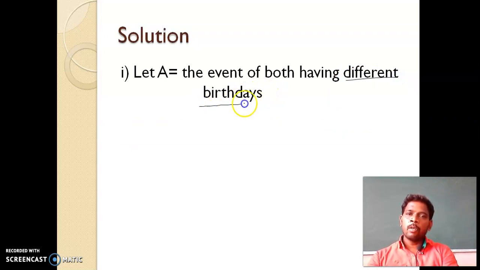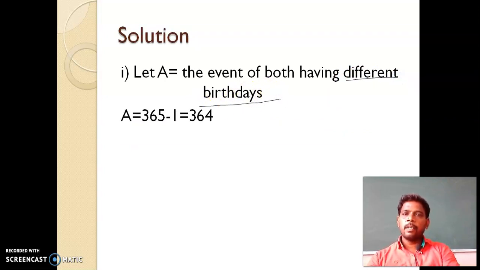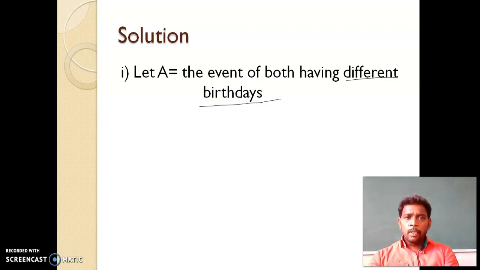Here we need the total sample space, so let us take that it is 365. Before that, different birthdays means their birthdays are different, right? If you consider Savita's birthday, what will happen? The remaining 364 days are the possible days for the other person's birthday.